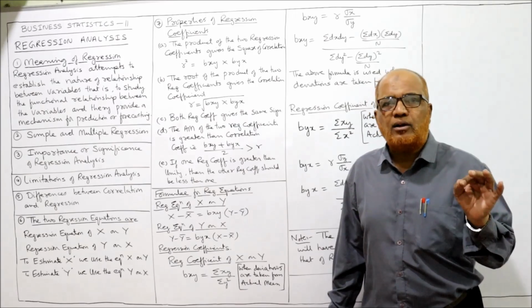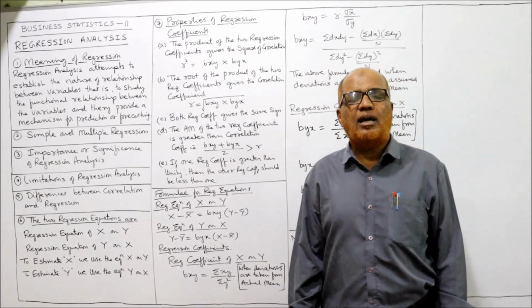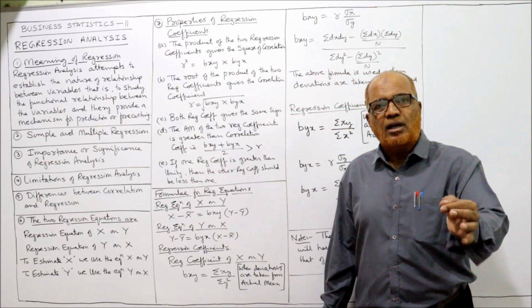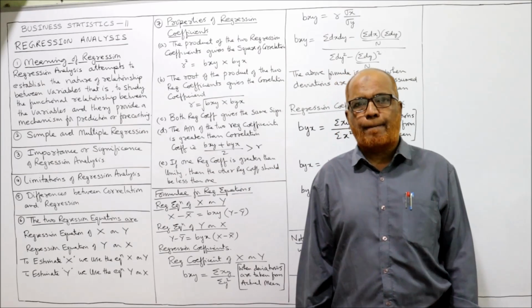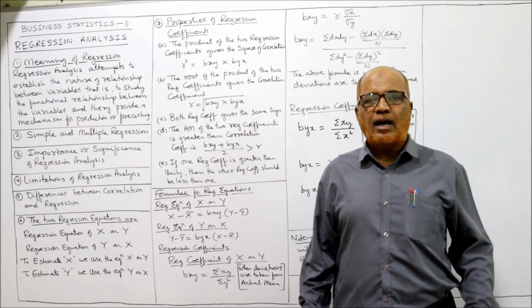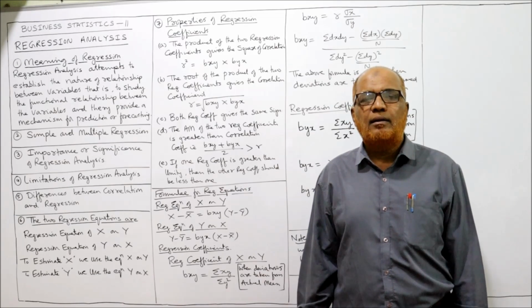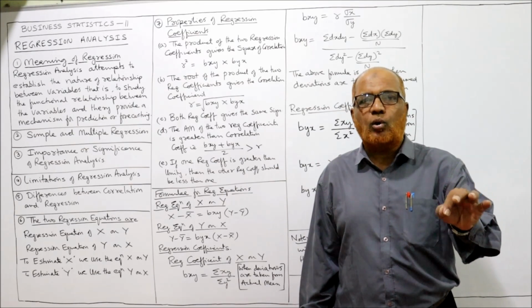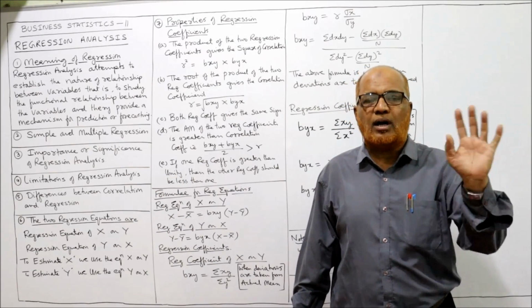From a business point of view, regression analysis is very important because it can be used for prediction and forecasting purposes. The first function of management is planning. Planning requires forecasting, and this is the technique of forecasting.